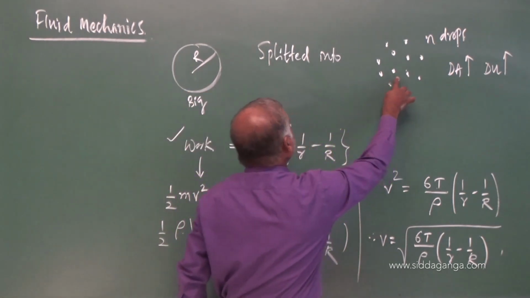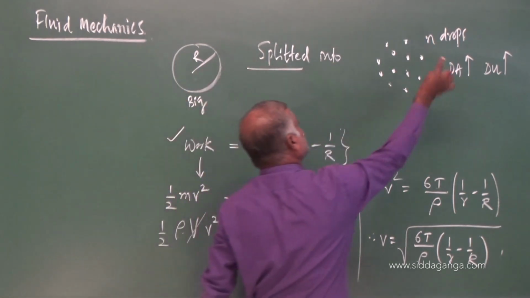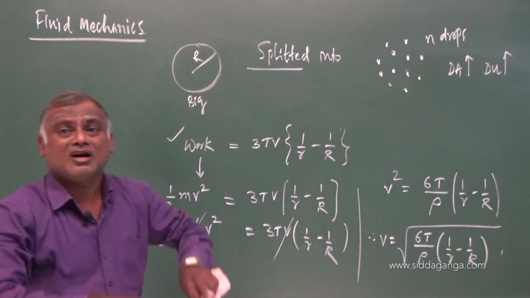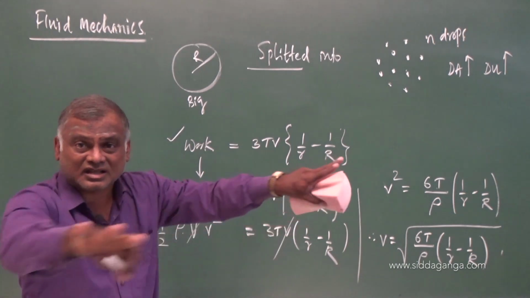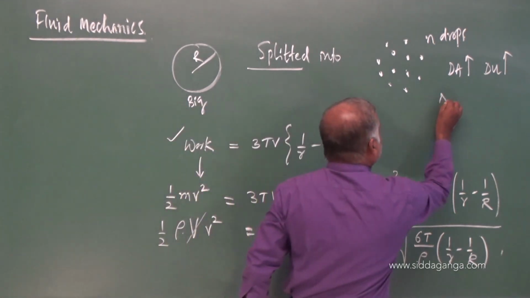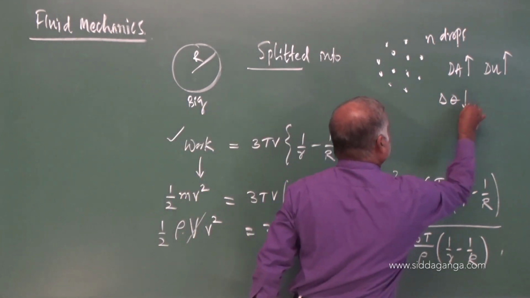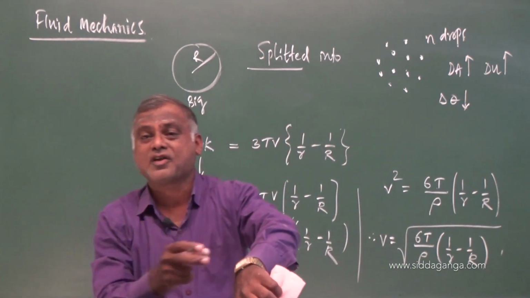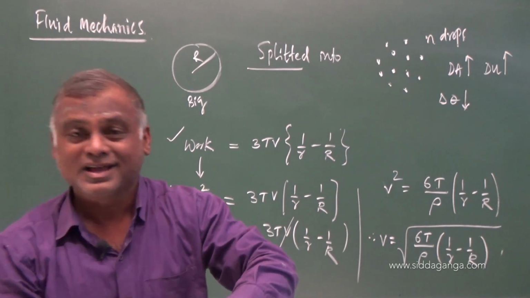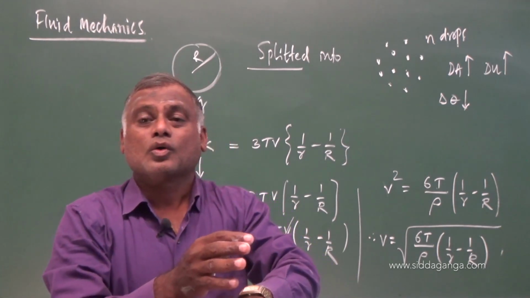Here when we split this big drop into n drops, because of the increase in surface area and increase in surface energy, there is a drop in temperature. Temperature decreases. Suppose when you take a perfume on your body, you feel something cold.